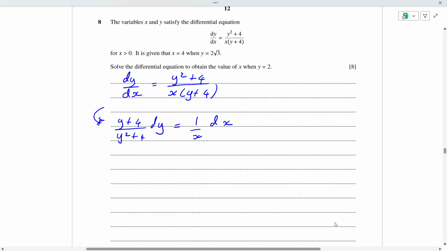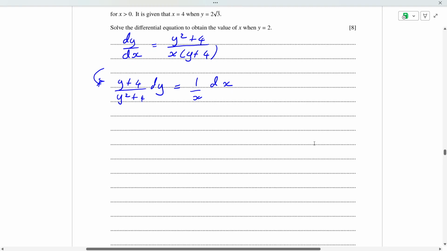Then we want to carry out the integration here. First thing first, now that we've done the separation of variables, we can start to integrate. But before I integrate, I want to separate this fraction here.